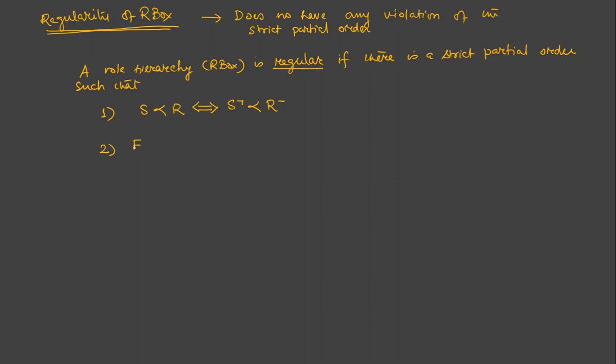And the second condition is that every role inclusion axiom, so this is the most important. So every role inclusion axiom, let me write down RIA for this. Every RIA will be of one of the following forms. Right?